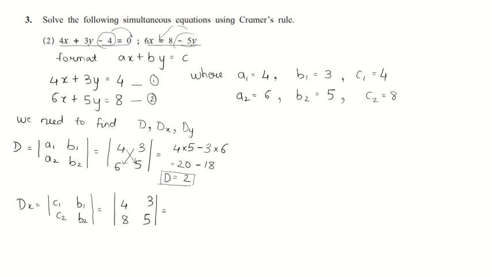Solve it further. 4 into 5 minus 3 into 8. 4 into 5 is 20, minus 3 8s are 24. Plus 20 minus 24. Plus into minus is minus. 24 minus 20 is 4. Sign of the bigger number minus. So dx is minus 4.